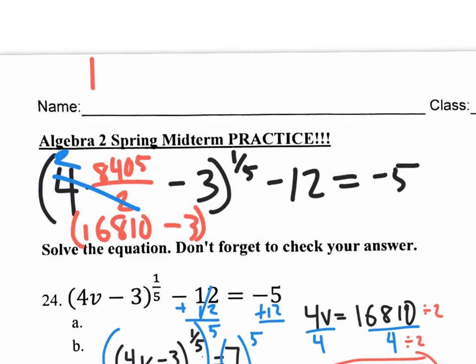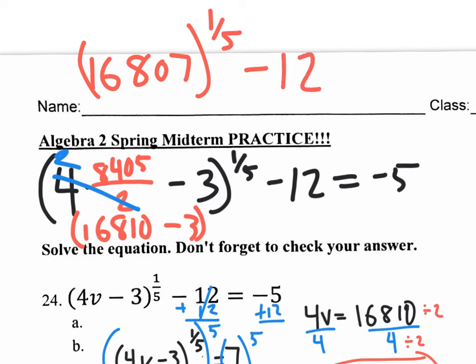This is ugly. 16,807, but you need to take the 5th root of that. I don't think that's going to work. Let's see. On a calculator, is there a certain number that you could multiply with itself 5 times that'll give you 16,807? The 5th root.